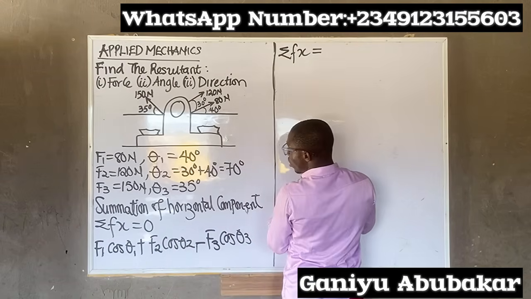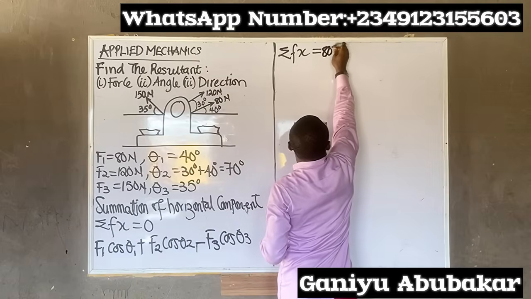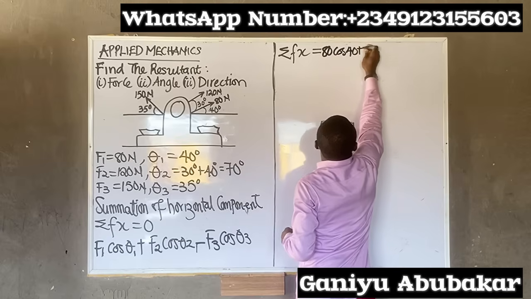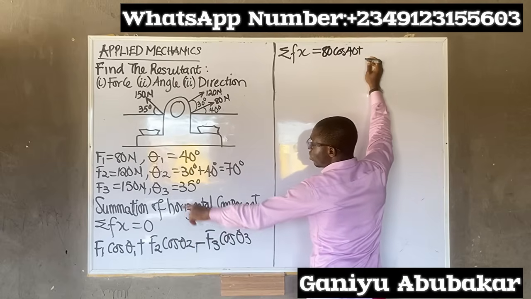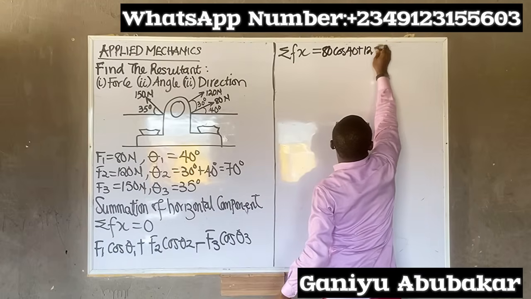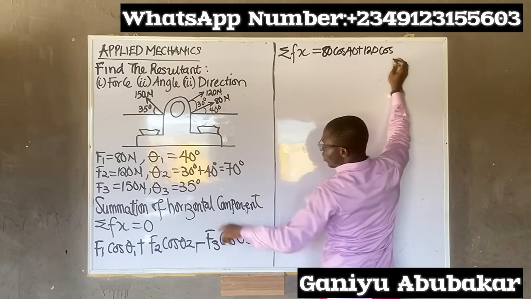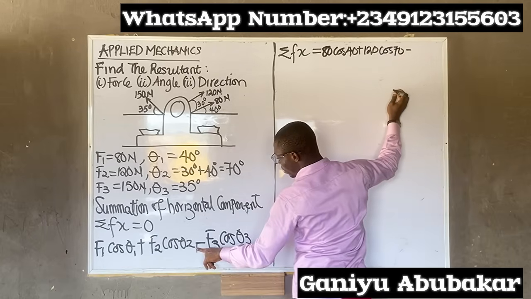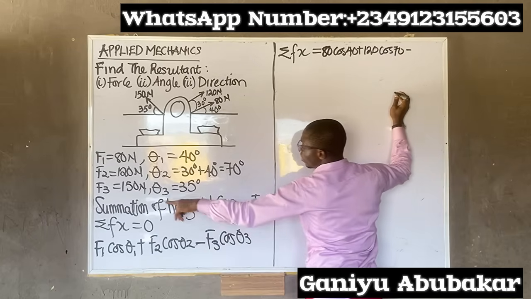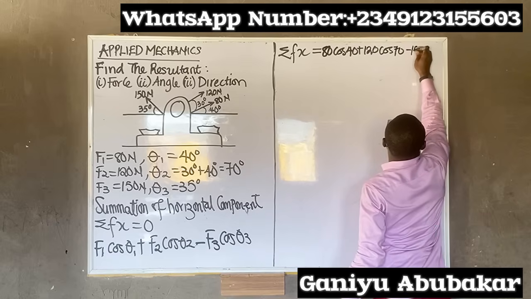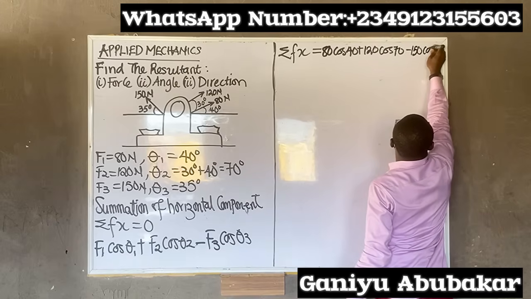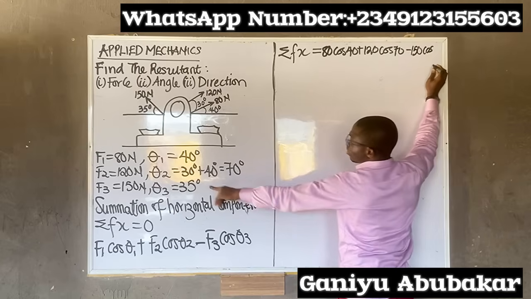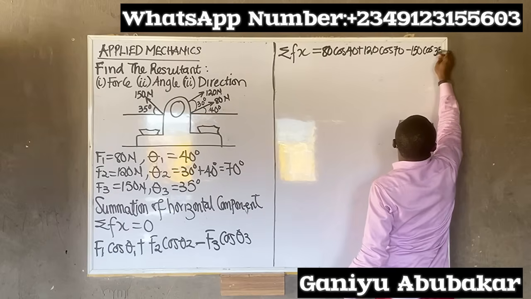That gives you 80 cos 40 plus F2 is 120, so that's 120 cos theta 2, which is 70, minus F3, which is 150 cos theta 3. Theta 3 is 35.